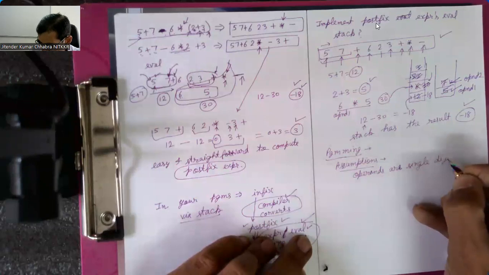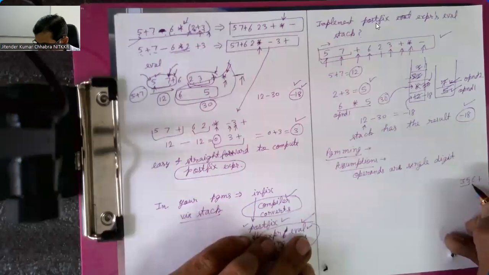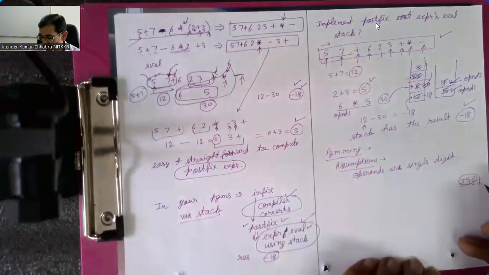Why am I saying this? Because otherwise you have to write extra logic. For example, if I say 3, 5, 6, plus, does this mean 35 plus 6? Does it mean 3 and 56? Or even 356 could be a single value. Then we would need a space also to be given.